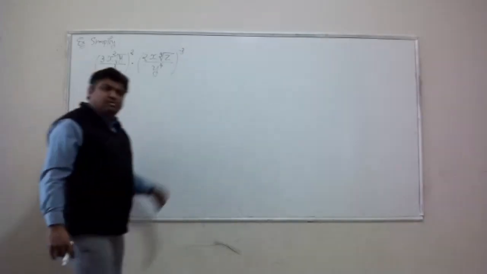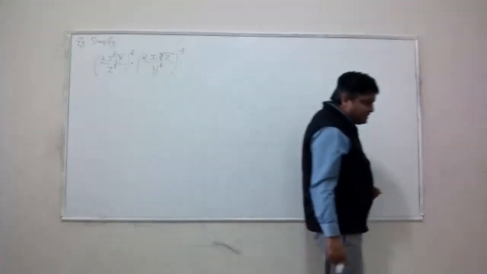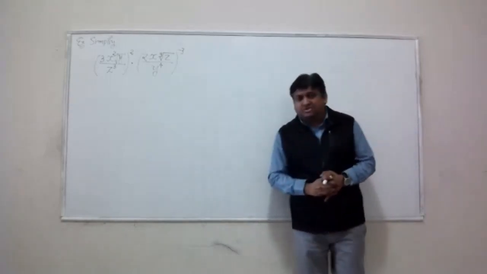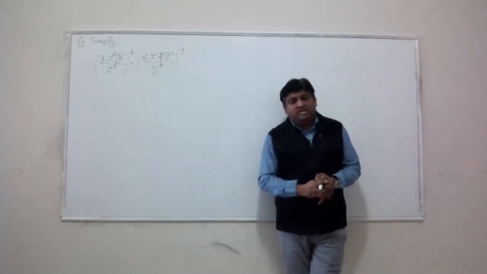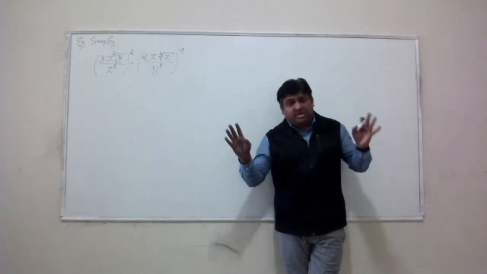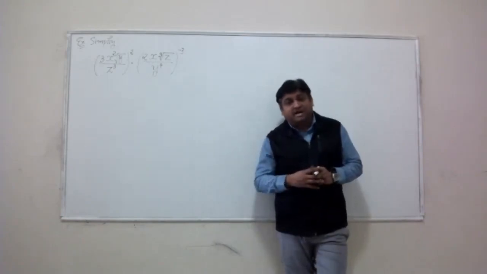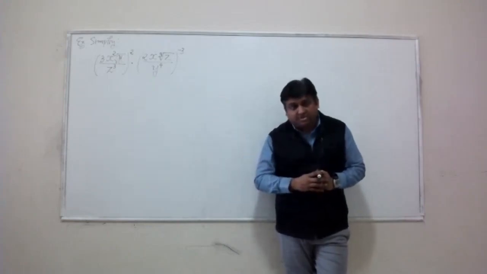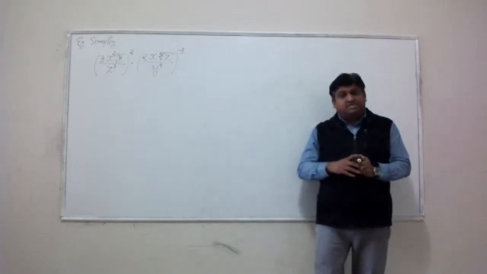All right. Suppose we would like to simplify this rational expression involving exponents and radicals. Remember, I gave you the general step-by-step idea to handle this situation. Let me remind you those steps.